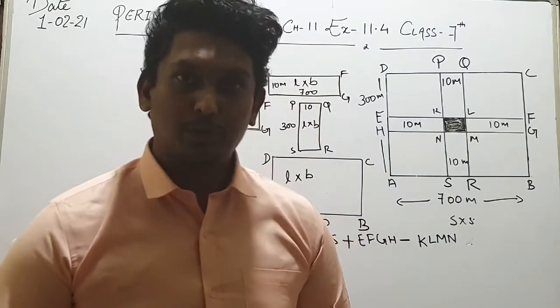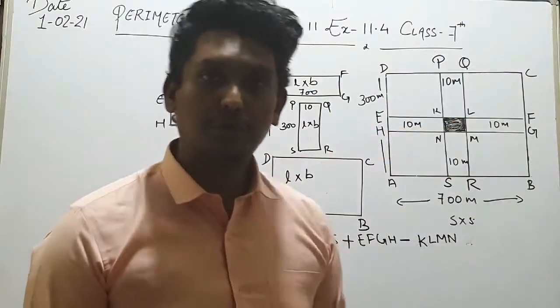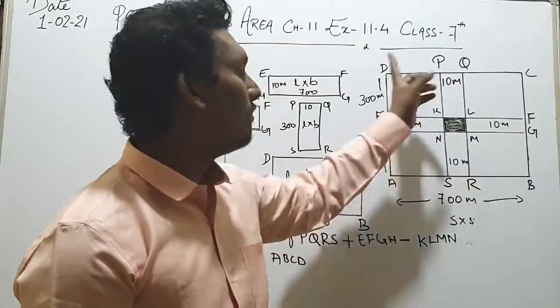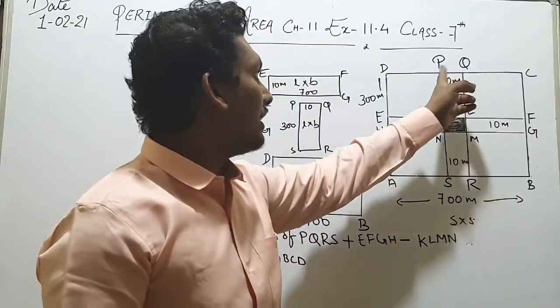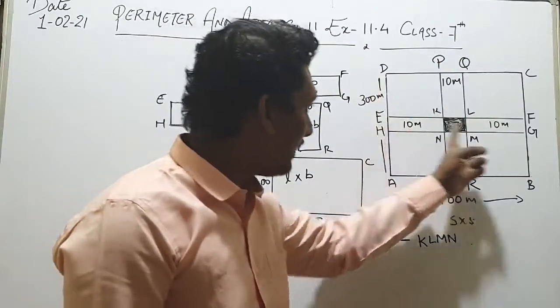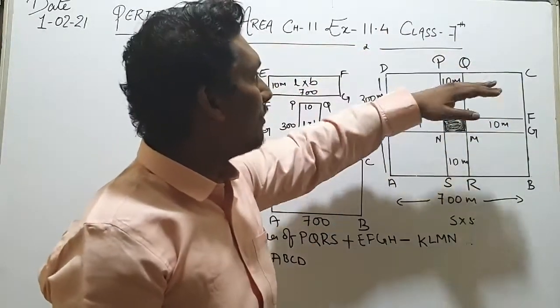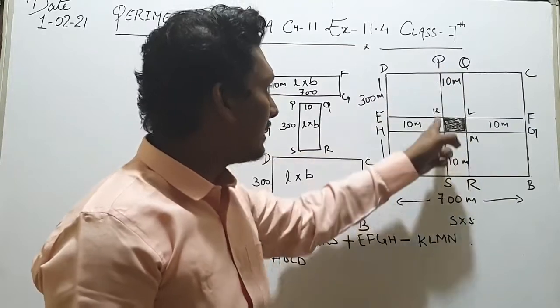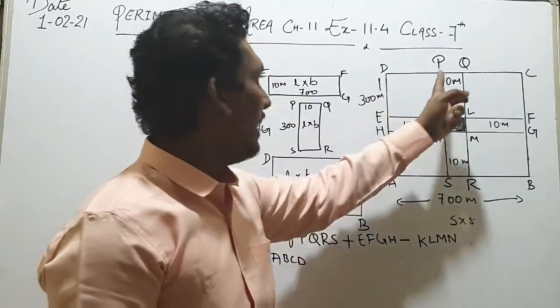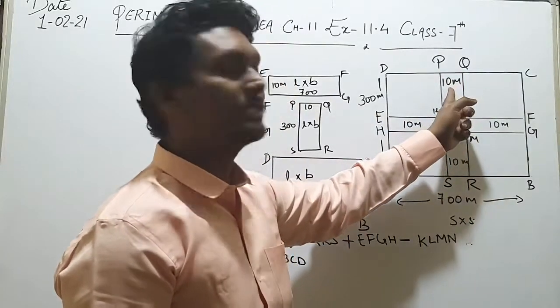So this we have to do in this type of crossroad questions, where you have to find the area of the bigger rectangle, then the area of the first road, PQRS, then the area of EFGH. When we are talking about PQRS, we consider this portion as length, that is 300, and this portion is breadth, that is 10 meter.